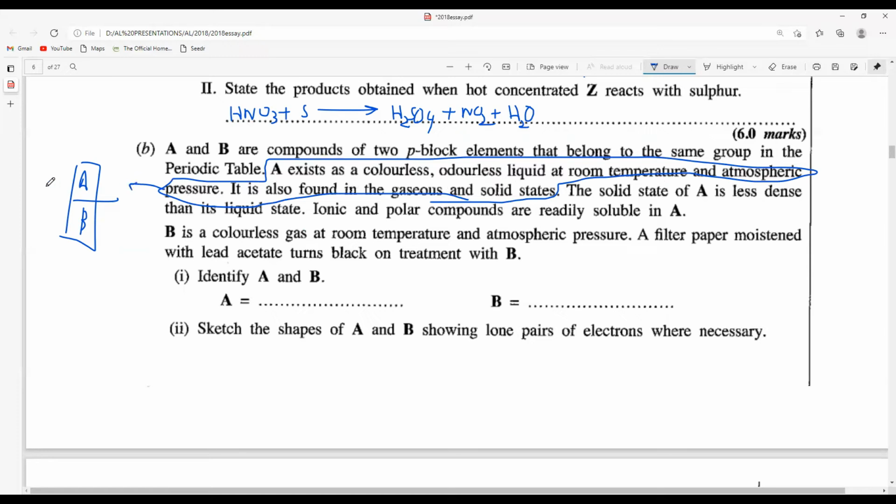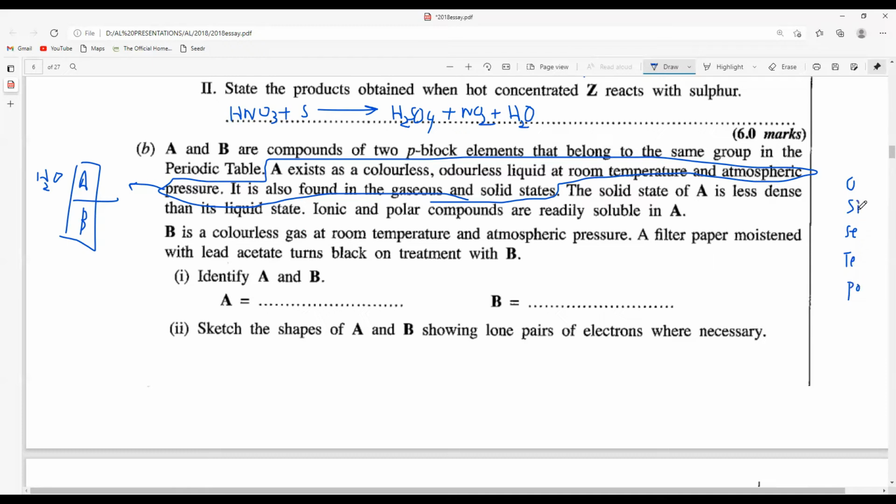And surely it should be water. Okay, so it should originate from oxygen. So what are the other elements there in the oxygen group? Oxygen, sulfur, then selenium, tellurium, polonium.